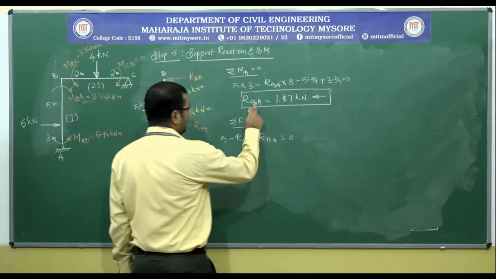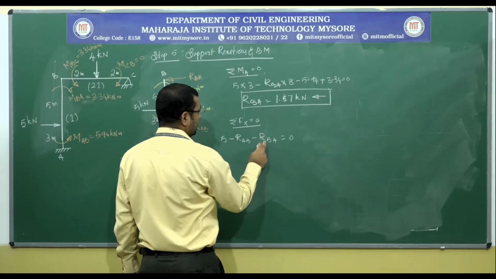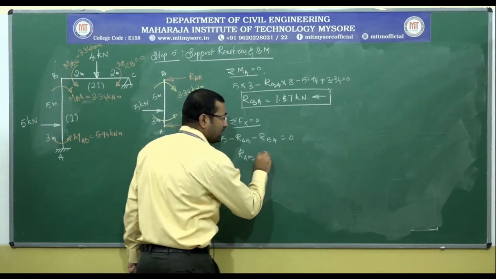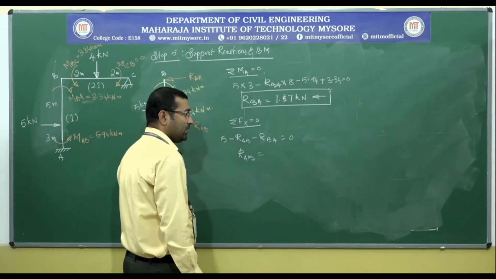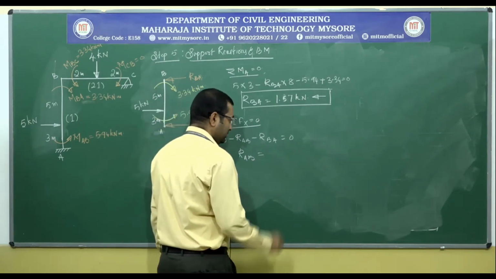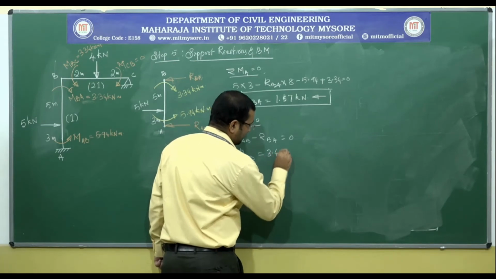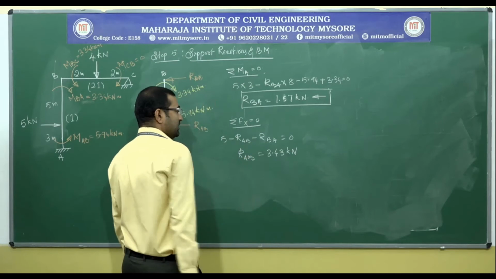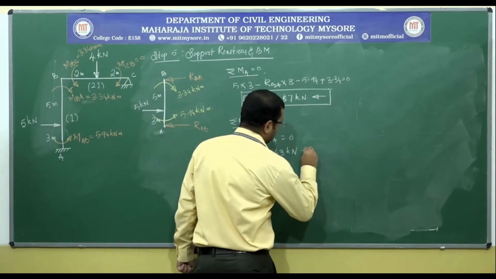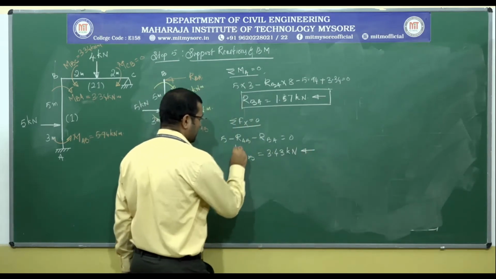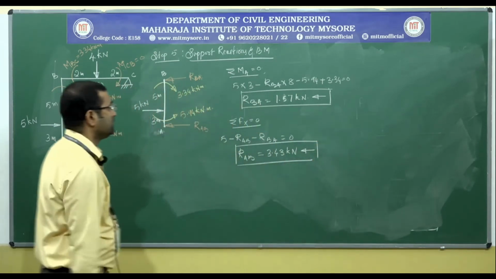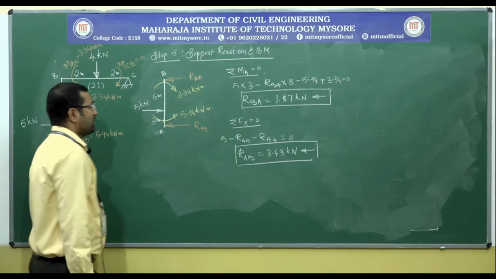So if I substitute the value of RBA here in this equation, I will get the value of RAB as 3.43 kilonewtons. So this is also a positive value. It means the assumed direction for RAB is correct. Now we got the support reactions.